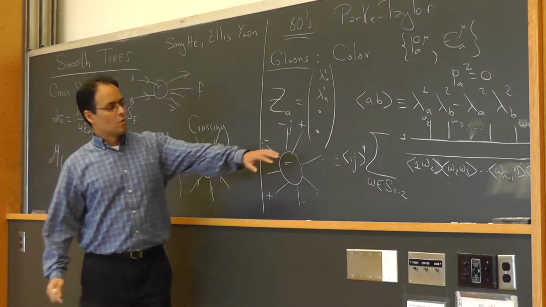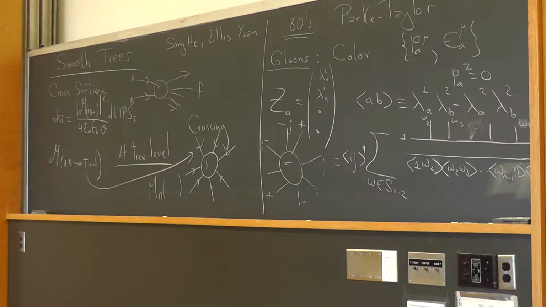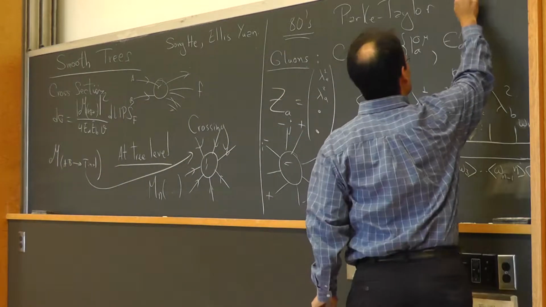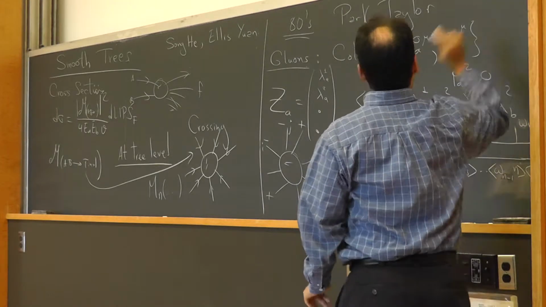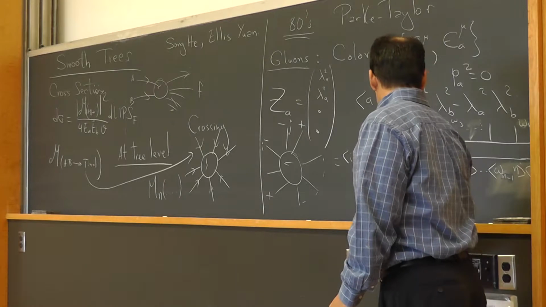Okay? So what is this numerator? Well, I told you that gluons carry color, right? So we need some color structure somewhere. And gluons, here I'm going to think about generalized gluons, actually transforming in the Young representation of UN.